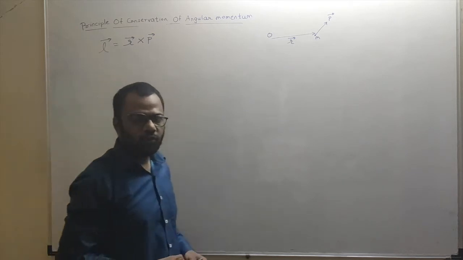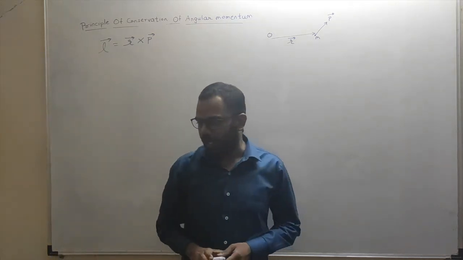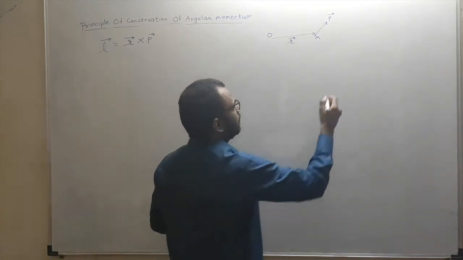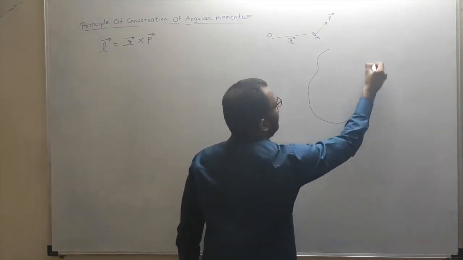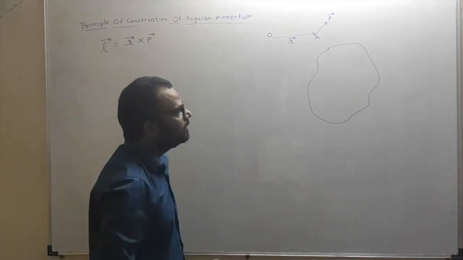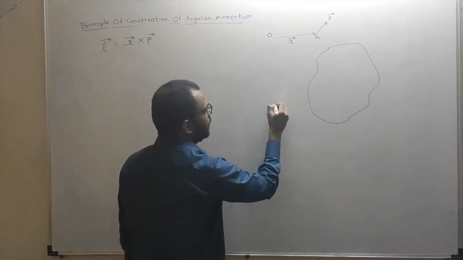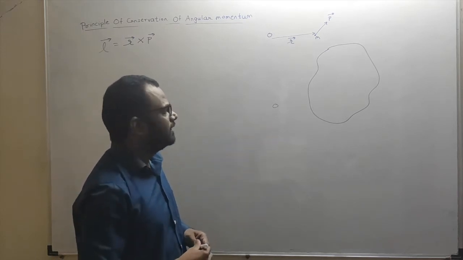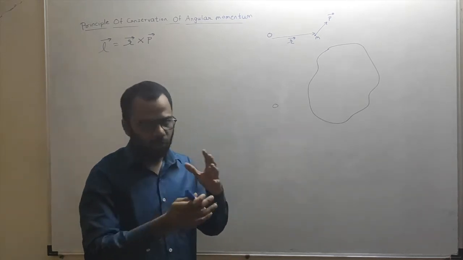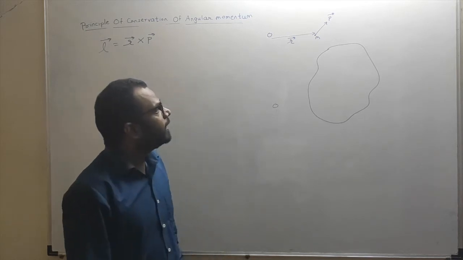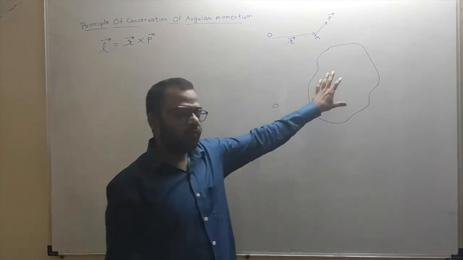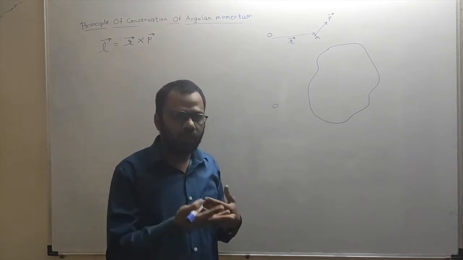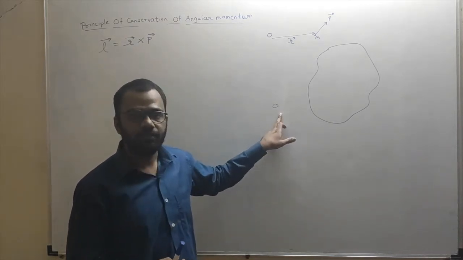Okay? So this was for one particle. Now suppose we have an entire body made up of a large number of particles, and I have to find its angular momentum about a point O. Again this is the origin, and this body can have any random motion. Each and every particle will have its own angular momentum about that point.